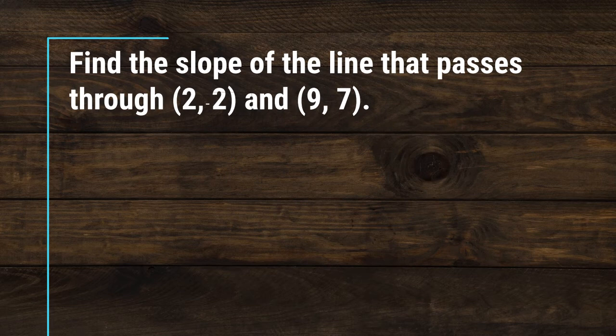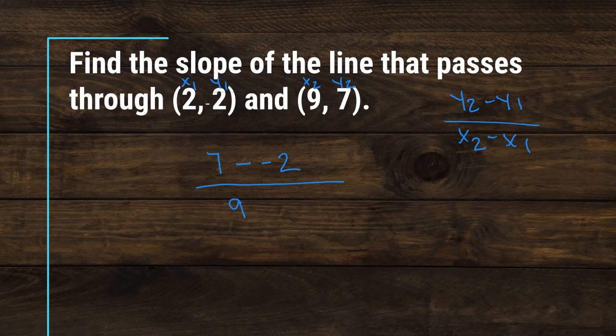And our last example together, find the slope of a line that passes through the points (2, -2) and (9, 7). Remember, we have y2 minus y1 over x2 minus x1. I label my points x1, y1, x2, y2. So y2 is 7, y1 is -2. So I have 7 minus -2 over x2, which is 9, minus x1, which is 2.